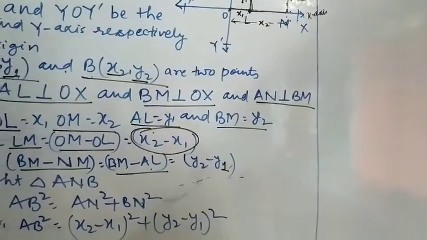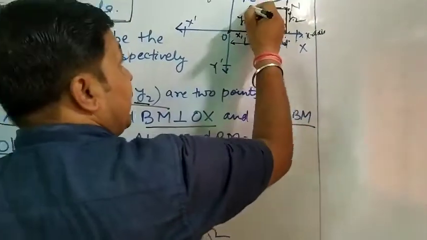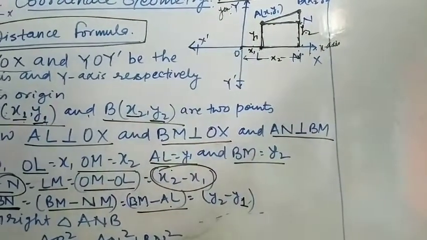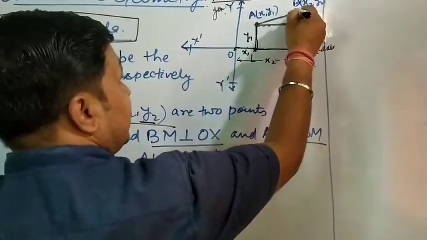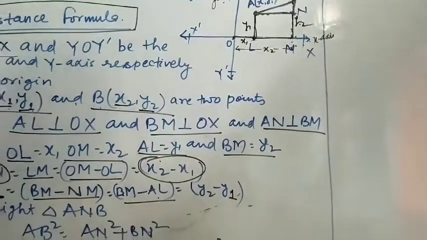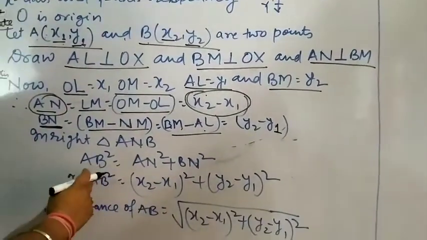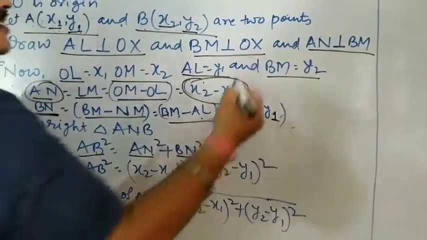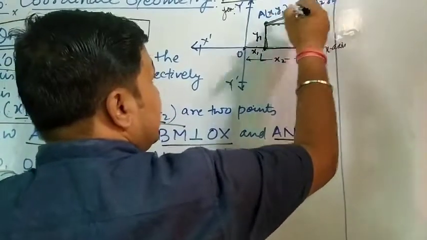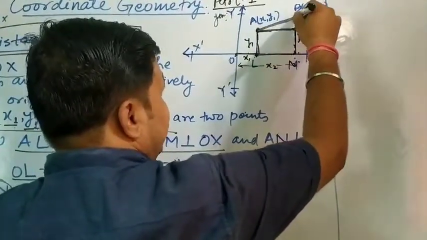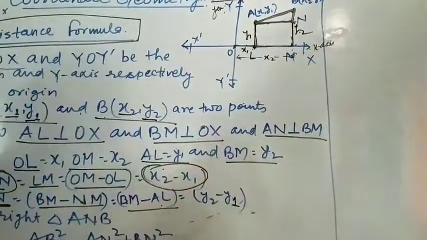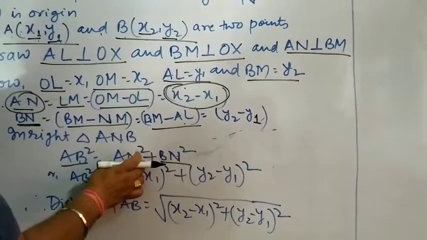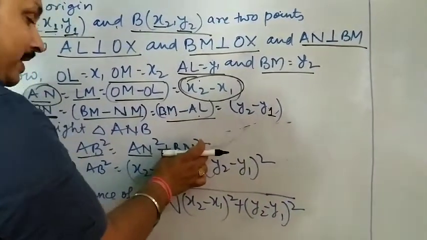So BN equal to y2 minus y1. Now in right triangle ANB, by Pythagoras theorem, AB square equals AN square plus BN square. AB is the hypotenuse, AN is the base, and BN is the perpendicular. So hypotenuse square equals base square plus perpendicular square.